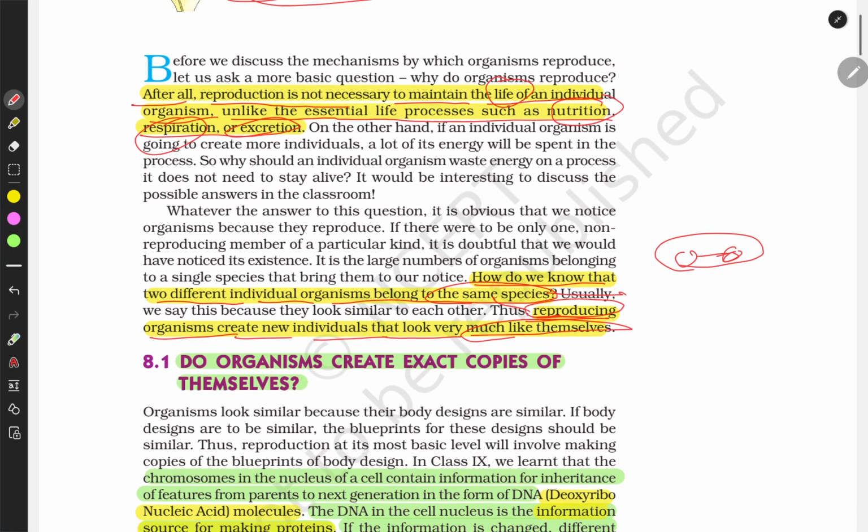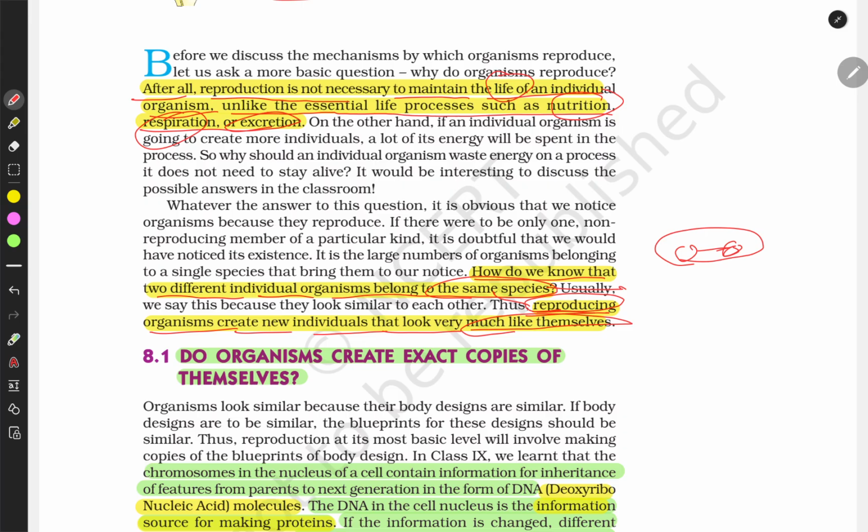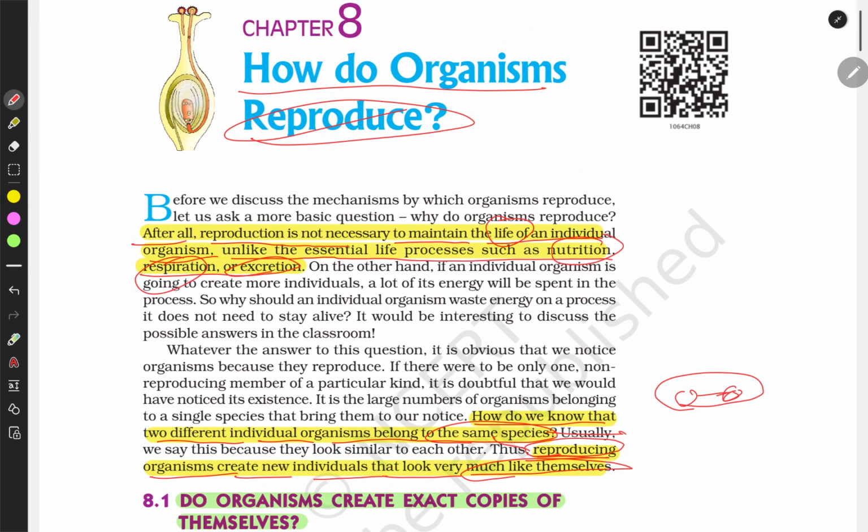And reproduction is the reproduction of an organism. This is one organism, and it is again producing. That means again producing.